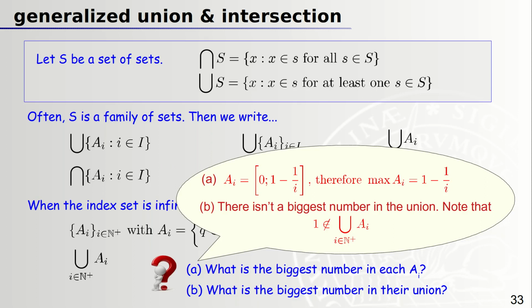However, the union does not contain a greatest element itself, meaning that it is open to the right-hand side. The reason is that 1 itself is not an element of that union, simply because it is not an element of any of the sets participating in the union. All numbers below 1, however, are in the union. Therefore, an infinite union of closed intervals produced an interval that is open to one side.